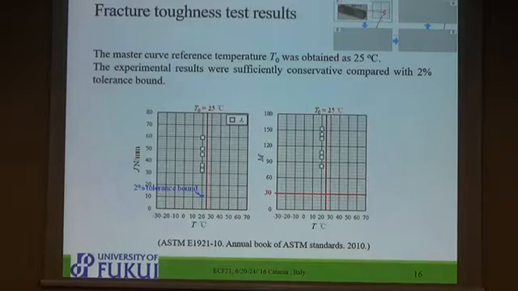The experimental results were compared with the master curve 2% tolerance band as shown in this figure. We see from this figure that the experimental results were sufficiently conservative compared with the master curve tolerance band.